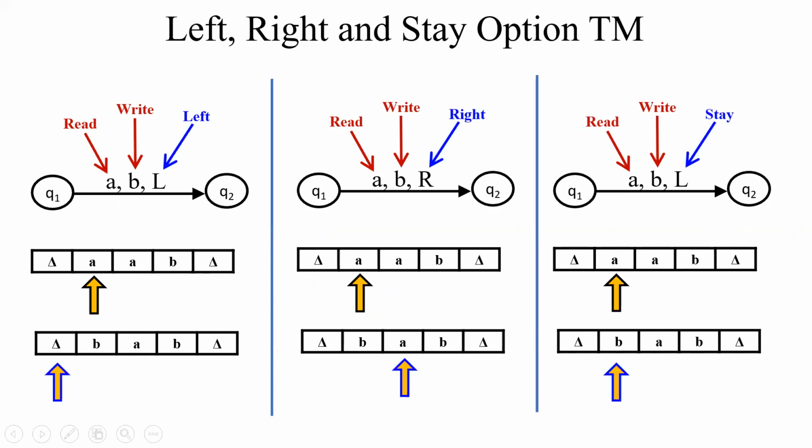This is another example: if I have ABL, it will read A, write B and move towards left. ABR, it will read A, write B and move towards right. ABS, it reads A, writes B and stays there only. So this is the stay option machine, a variant of the standard Turing machine.